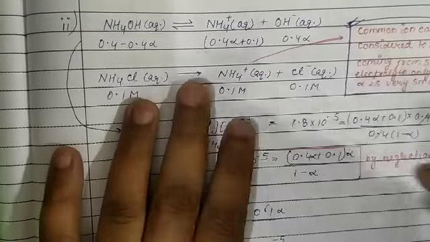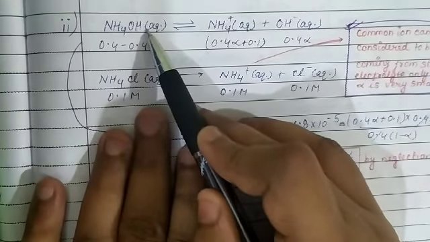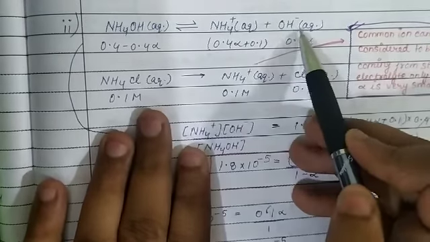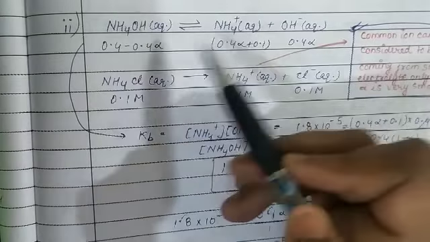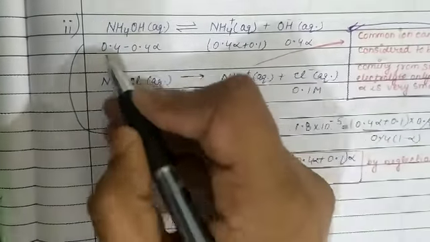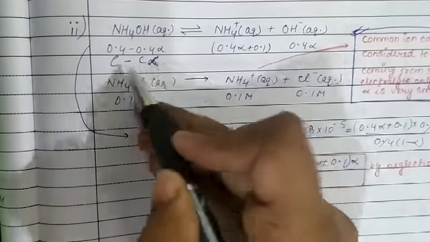The next part is we have the solution of aqueous ammonia, NH4OH, which breaks into NH4+ and OH-. The initial concentration of NH4OH is C, so at equilibrium the concentration is C minus C alpha.